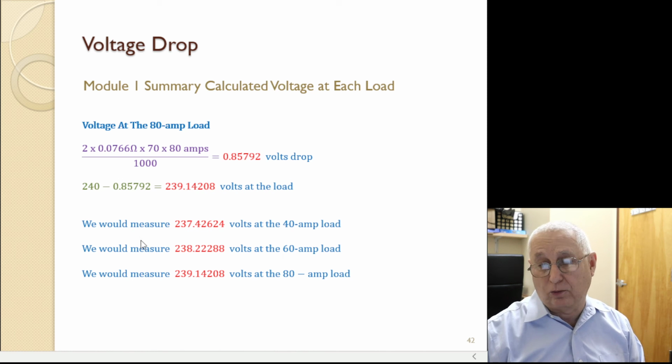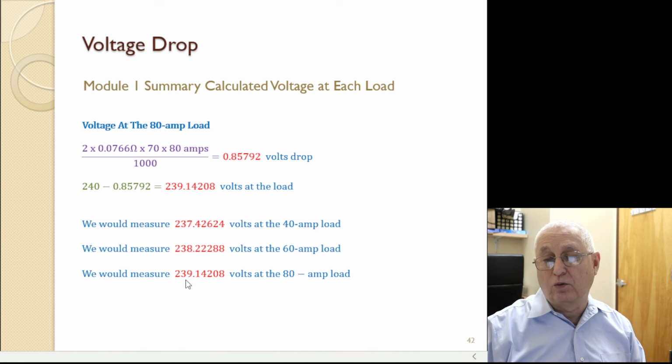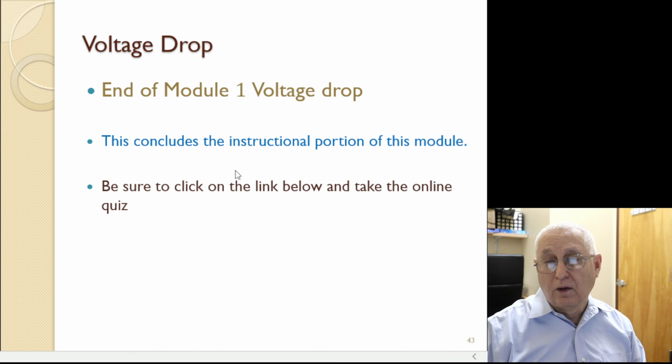So if we put our meter on the 40 amp load, we would read 237.42624 volts. At the 60 amp load, we would get 238.22288 volts. And at the 80 amp load, we would get 239.14208 volts. This concludes the instructional portion of this module.